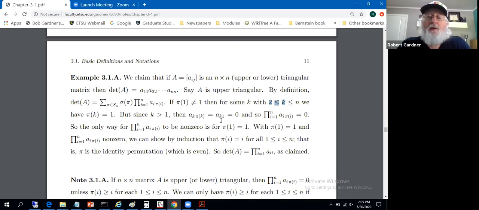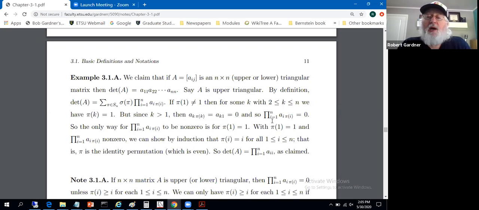So we've gone down to the kth row, it isn't the first row, and the first column. Upper triangular matrix, those entries are 0. If the first index is greater than the second index, we're below the main diagonal, and if we've got an upper triangular matrix, that entry is 0. So looking at upper triangular, in this case, we must have a sub k1 equals 0.